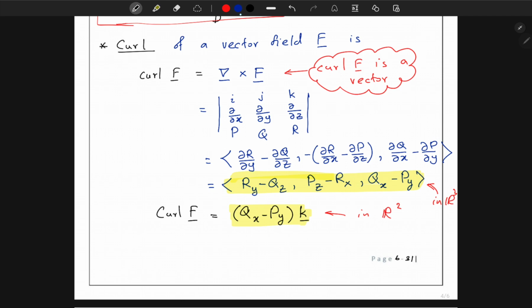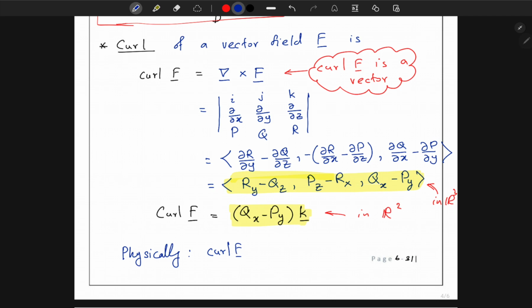Okay, so now we can look at the physical interpretation. Physically, curl measures the rotation around the point.